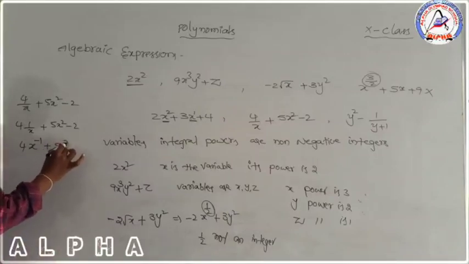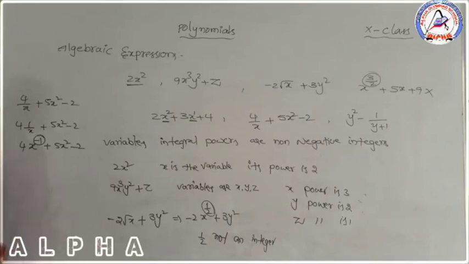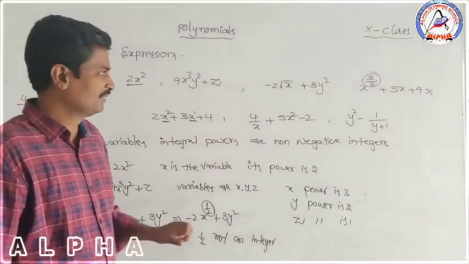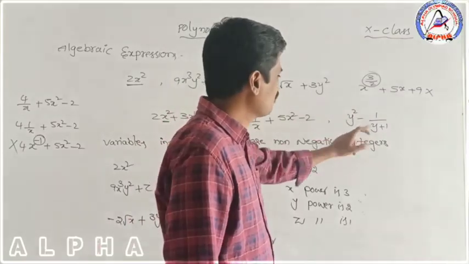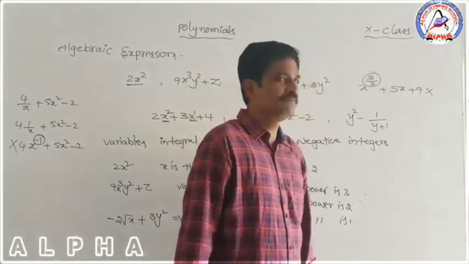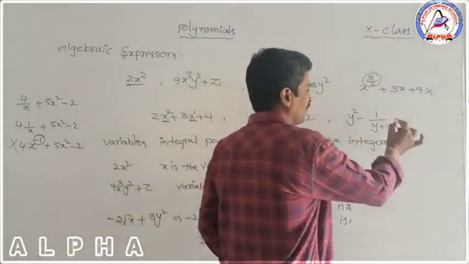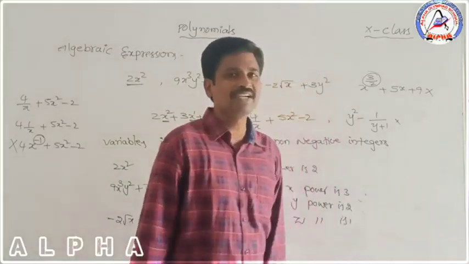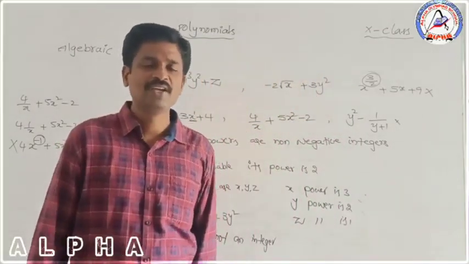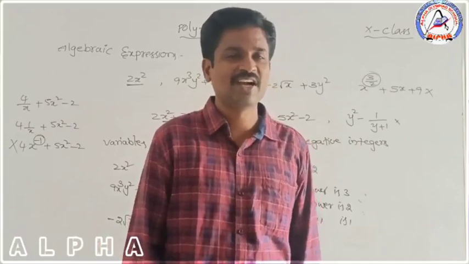Here clearly x's power is minus 1, a negative integer. So this is also not a polynomial. Here is also y square minus 1 by y plus 1. This is also not a polynomial because in the denominator we have a variable.